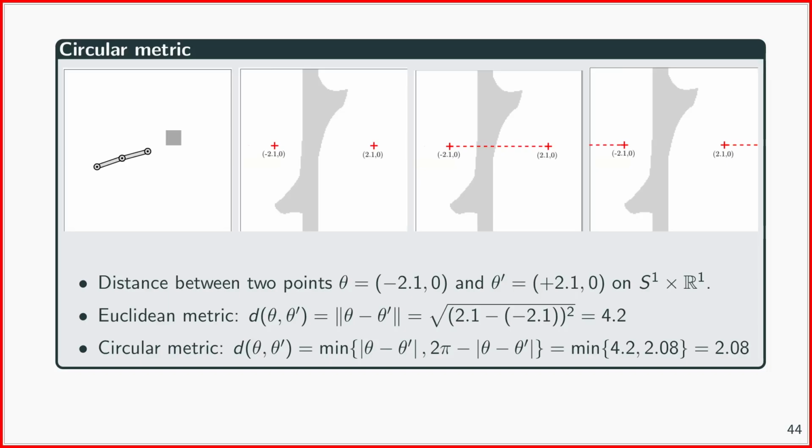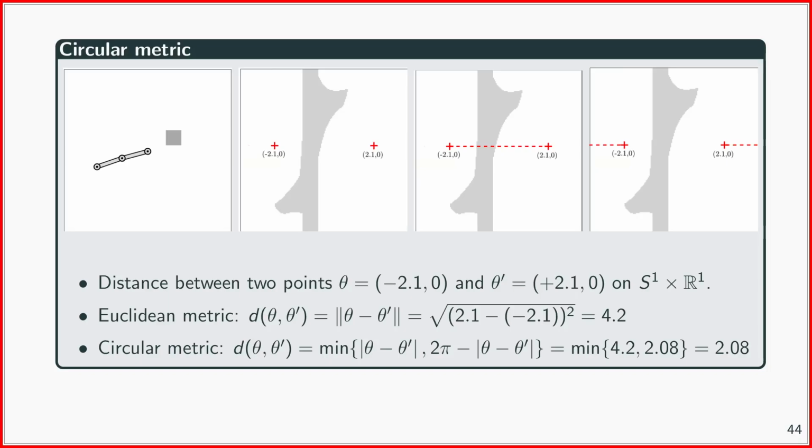And the Euclidean metric would just compute the distance between them as a straight line here and would tell us they are 4.2 apart. However, if you have the circular metric, then you also take into account that this space is actually wrapped around on the other side here. And the circular metric would basically take both of them into account and would produce the more accurate value of 2.08 for this example here.